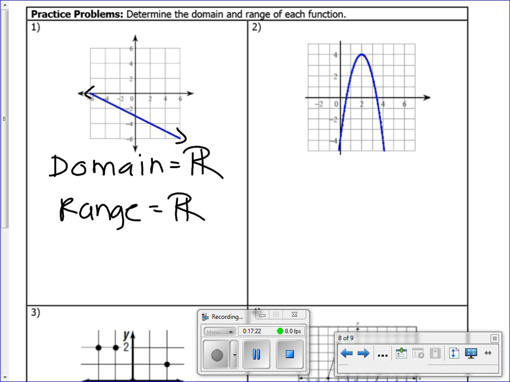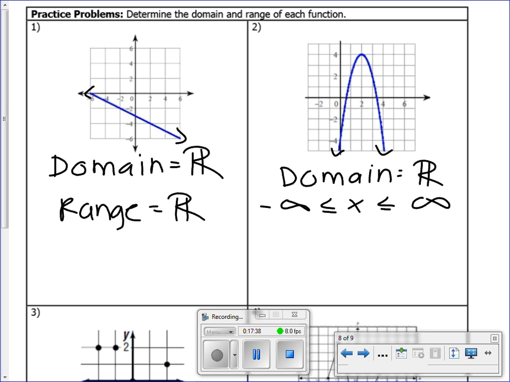Here we have a quadratic. And our quadratic for our domains will always be reaching -infinity and +infinity, or all real numbers. I'll write the other representation as well, just so you can be familiar with it. And for our range, this one's a little bit different from our examples in our notes.